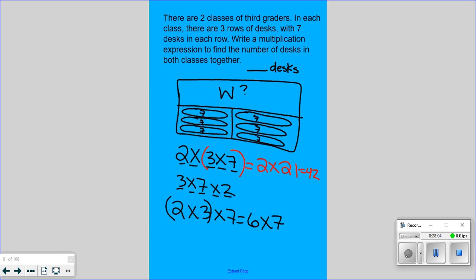Yeah? 42! Hey, we already knew that. Could you have done 2 groups of 7 and then multiply that by 3? You had 14 groups of 3. That sounds kind of terrible, but you could have. So far, so good?